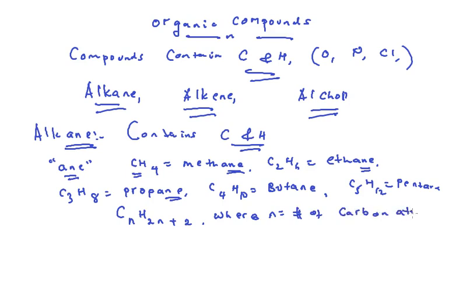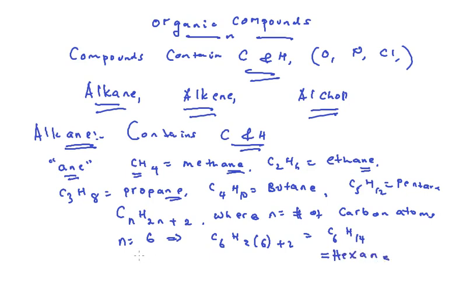For example, if n is 6 and you'd like to know how many hydrogen atoms are associated, it's C6H, 2 times 6 plus 2, which gives you C6H14. The Greek prefix for 6 is hexa, so you just say hexane.